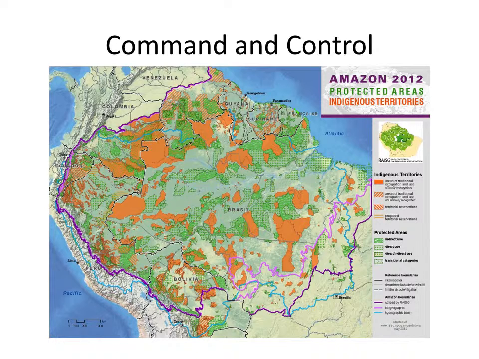The first, the orange ones, are the indigenous territories, and these are essentially areas in which the indigenous tribes are allowed to dispose of the natural resources to one degree or another. There are often limitations placed on the degree of exploitation that is allowed to occur, but generally speaking, these are areas designated with the idea of preserving indigenous ways of life.